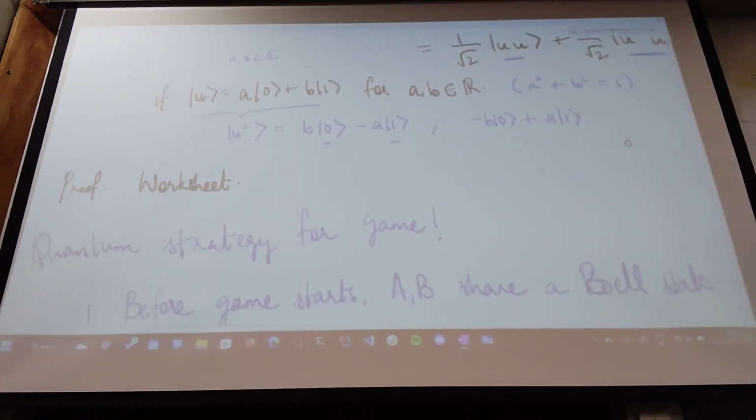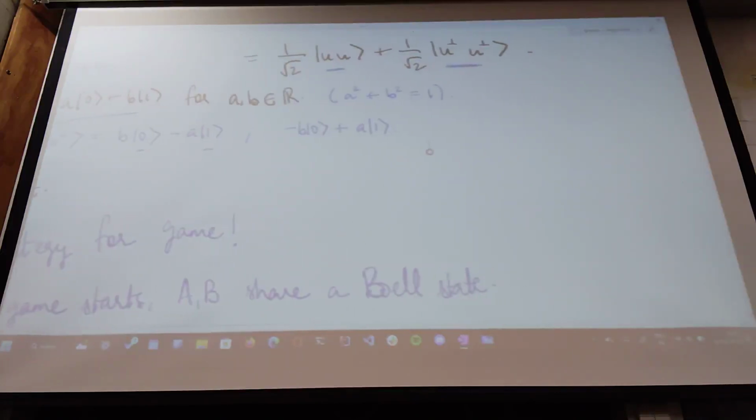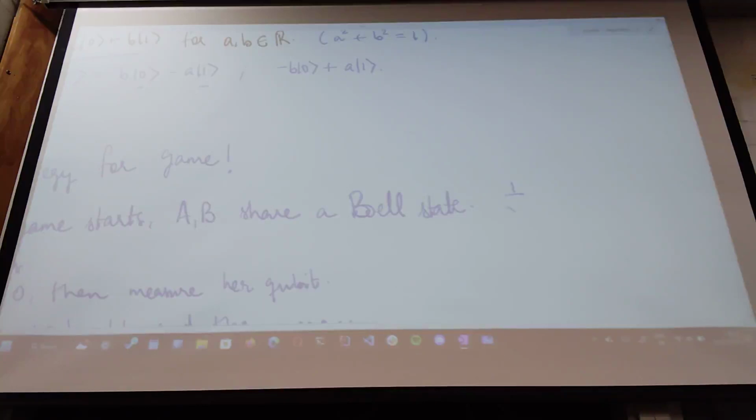So in this case, let's say Alice and Bob share a Bell state. 1 over square root 2, 0, 0, plus 1 over square root 2, 1, 1. And say this is Alice's qubit, this is Bob's qubit, and same over here.